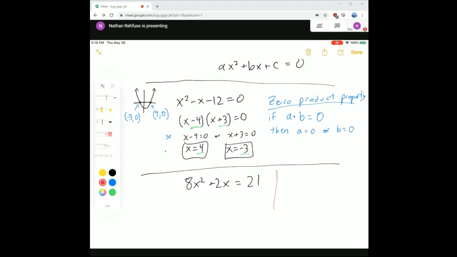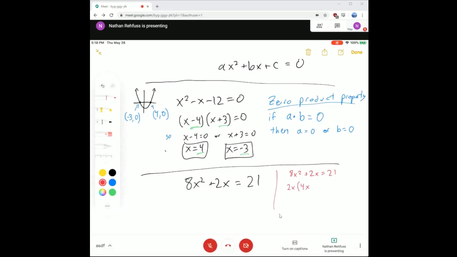I could write 8x squared plus 2x equals 21. Factor out a greatest common factor of 2x. So 2x times 4x plus 1 equals 21. And like I said a moment ago, this is perfectly useless to us.